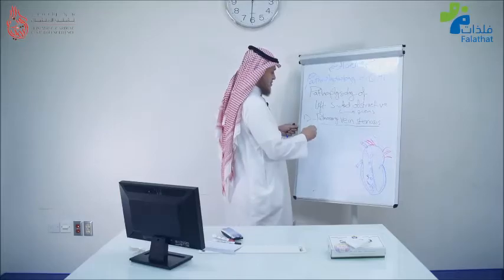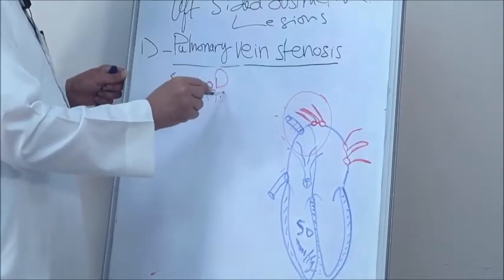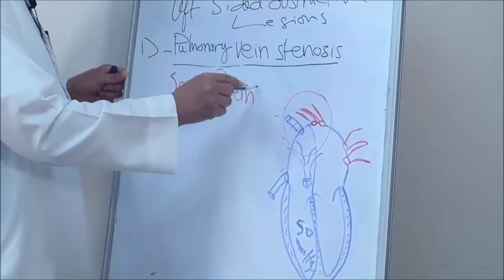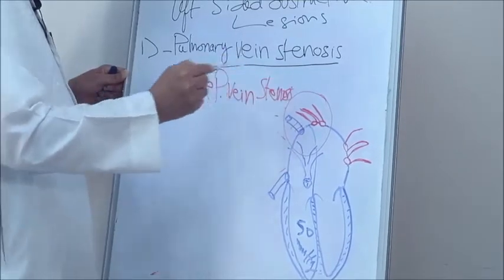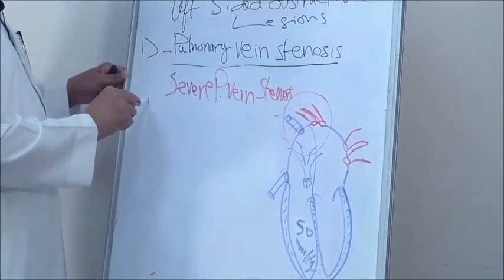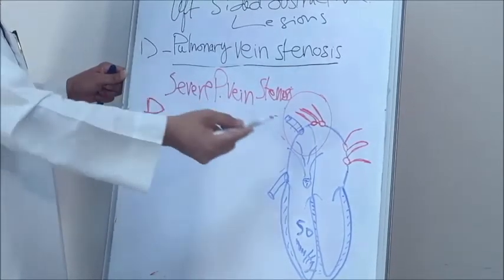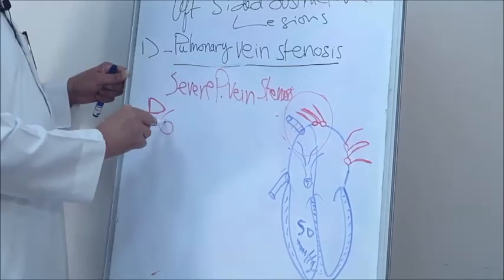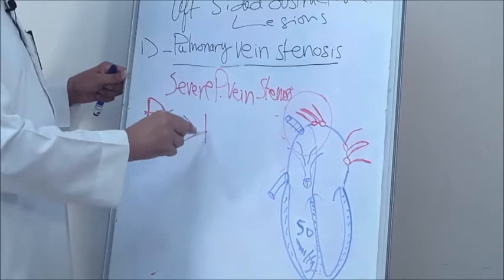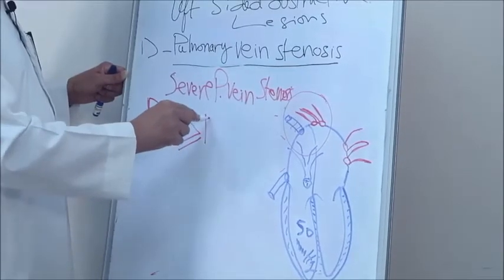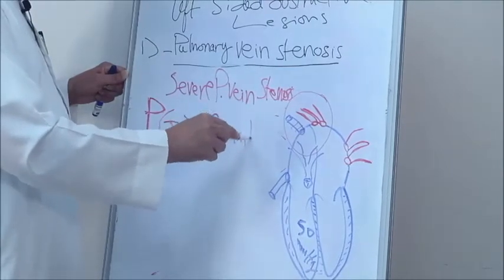So, severe pulmonary vein stenosis, mean or pressure gradient between the left atrium and the proximal part of the vein will be more than or equal to 12 millimeter mercury.